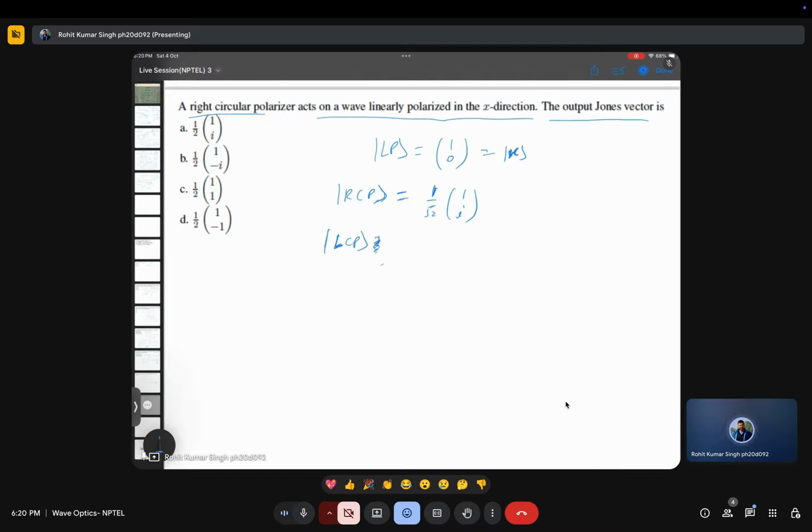What you want is the Jones matrix for the right circular polarizer. Which Jones matrix, when it acts on a wave, makes the wave right circularly polarized light? You want that matrix, and then you need to apply that matrix on this to get your answer.